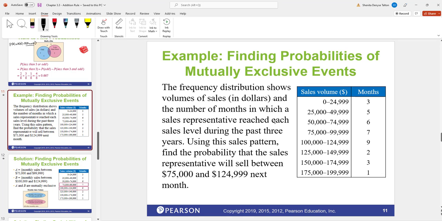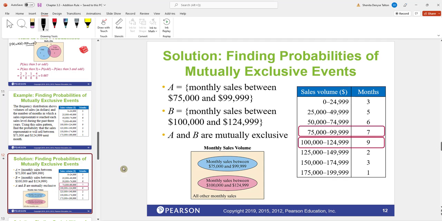In this example, the frequency distribution shows volumes of sales in dollars and the number of months in which a sales representative reached each sales level during the past 3 years. Using this sales pattern, find the probability that the sales representative will sell between 75,000 and 124,999 next month. Well, if you look at this example, these are mutually exclusive.